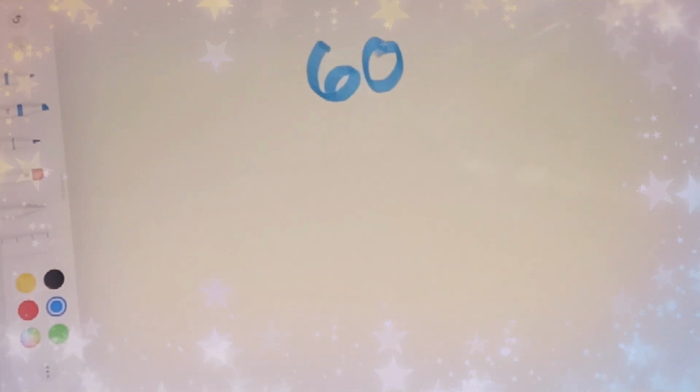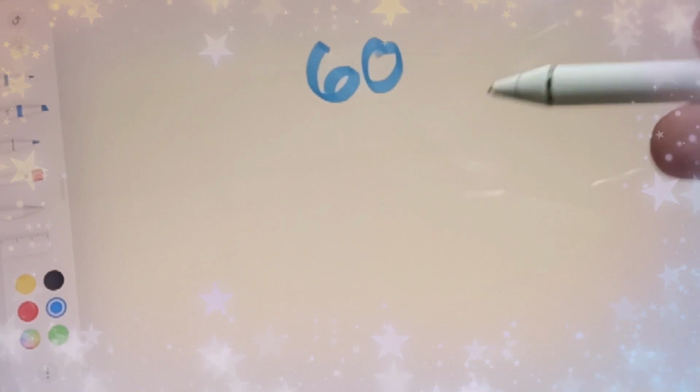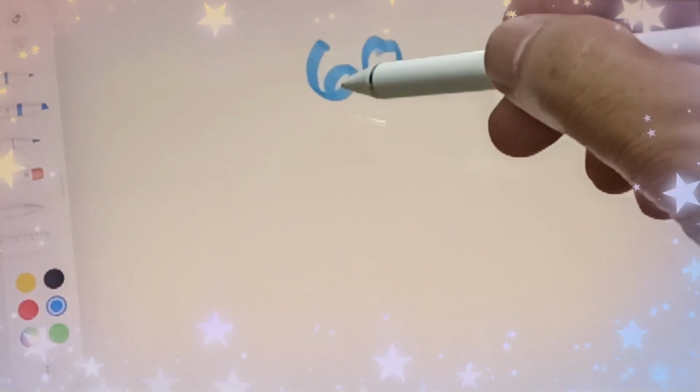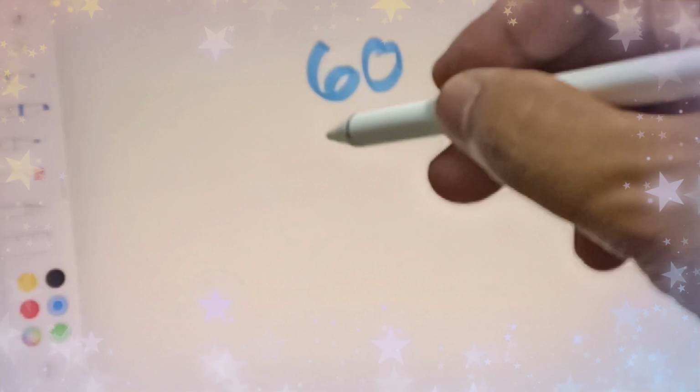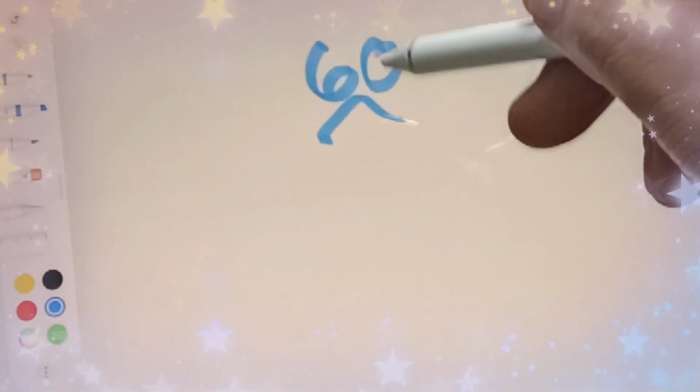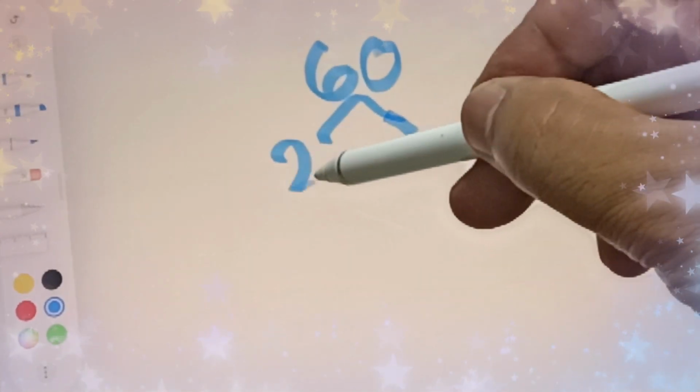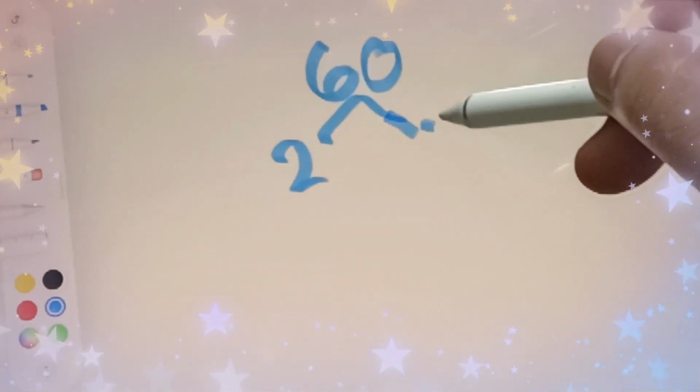Or when you divide 60 by the first prime number, we all know that the first prime number is 2. So when you divide 60 by 2, you will make a factor tree like that. So 2 and then 30.